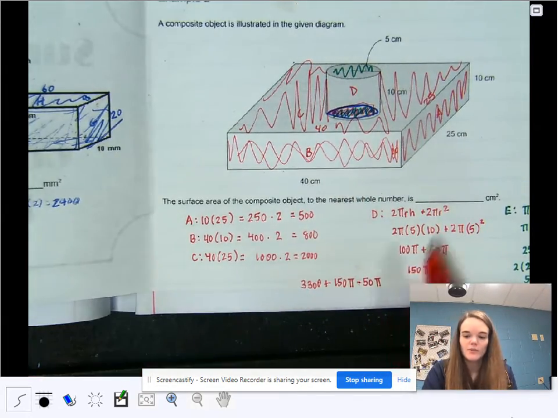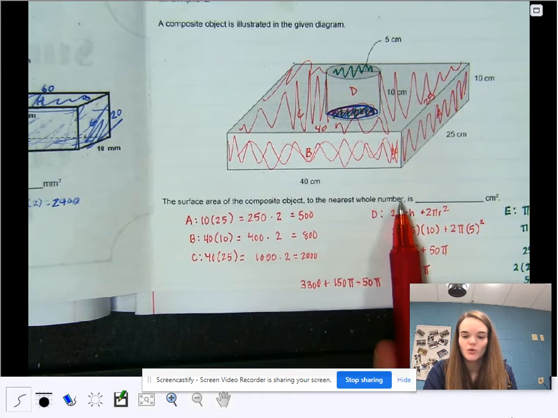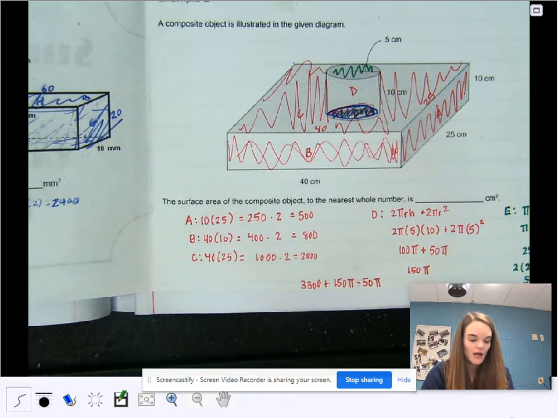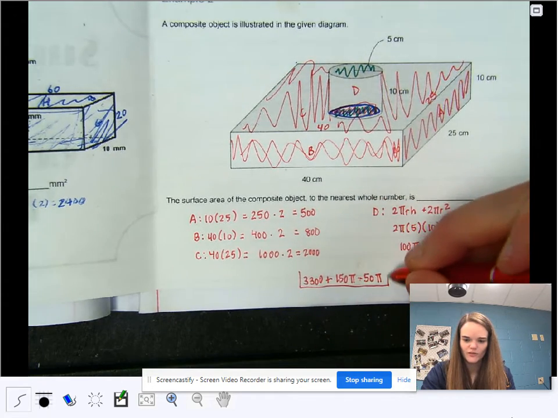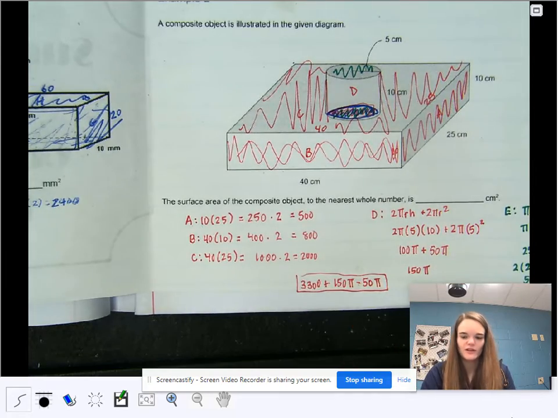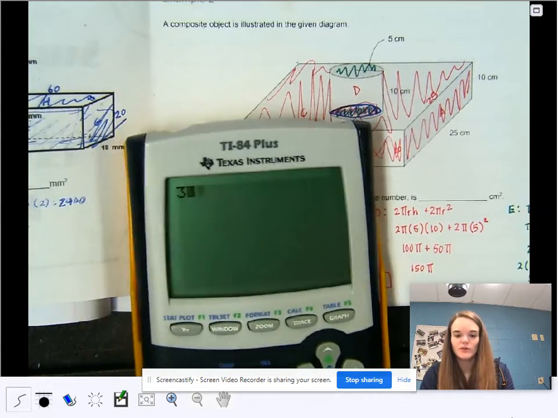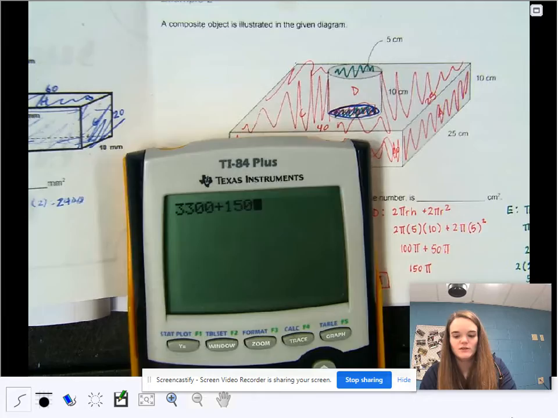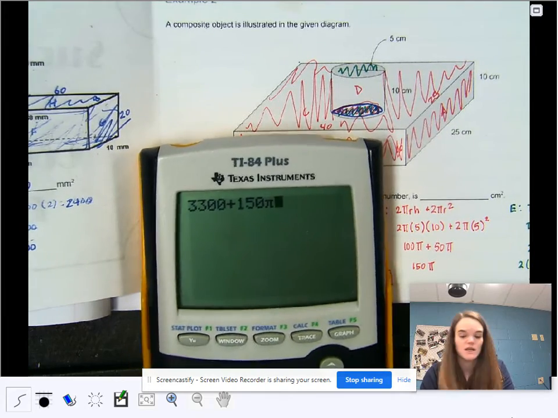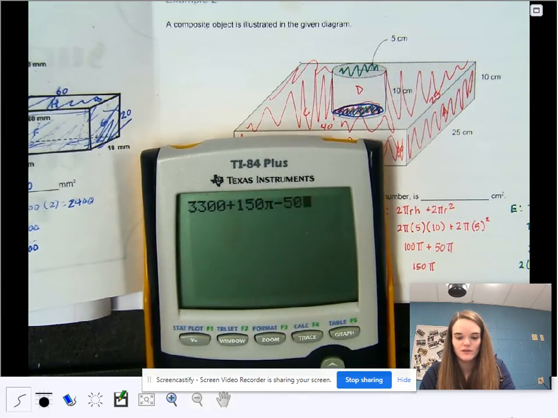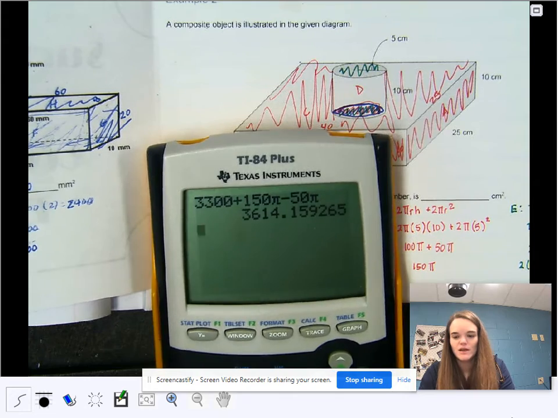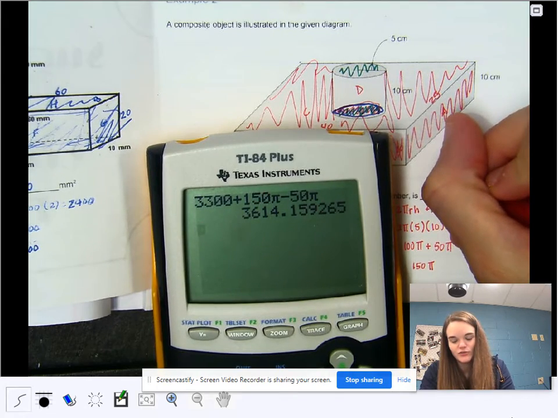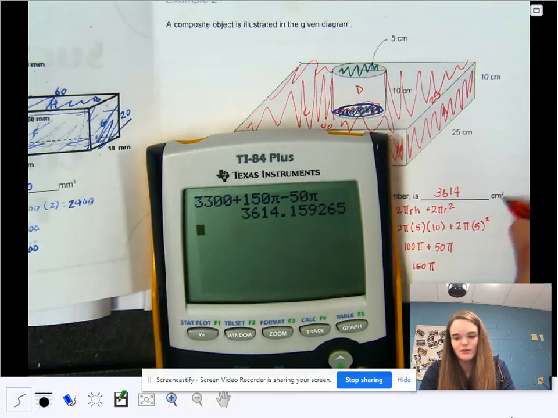I am going to use the pi button to the nearest whole number. I'm going to round right here. I do not need you to round until you get to the very end. But see, now I'm going to round this. I'm going to type the whole thing in my calculator just like that. 3,300 plus 150 second pi minus 50 second pi. 3,614 centimeters squared.